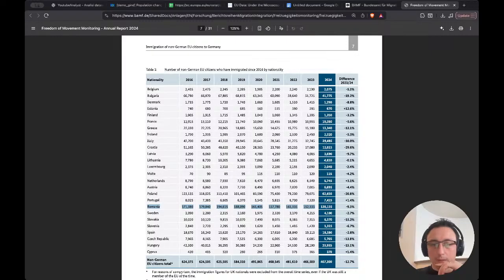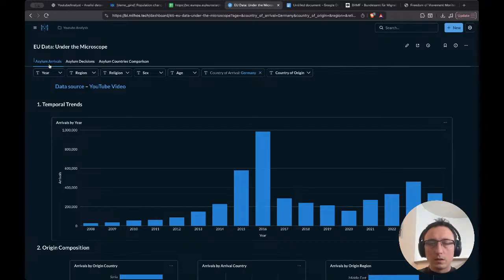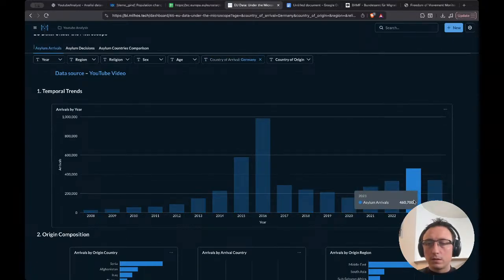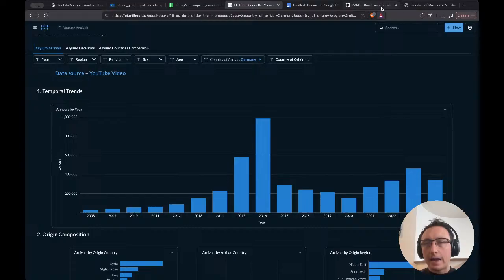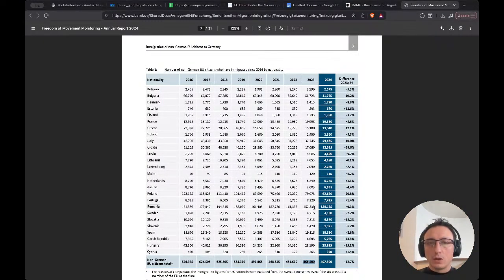So yeah, looking at this number, clearly these are really important numbers. Let's take, for example, only 2023. So we had 500,000 asylum arrivals in Germany, and on top of that, we had also 500,000 EU citizens which migrated to Germany.